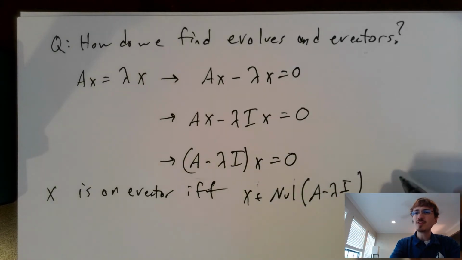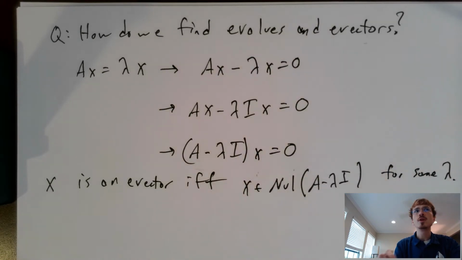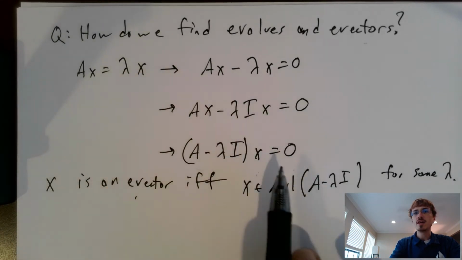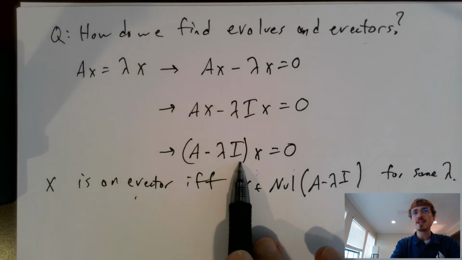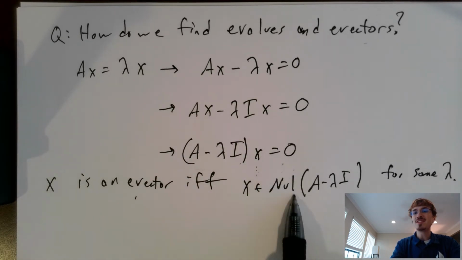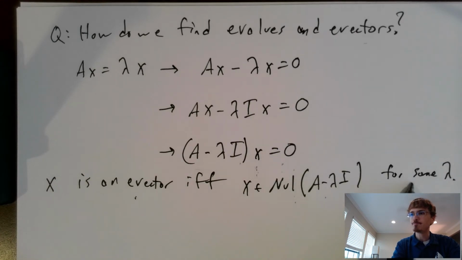And this is true for some lambda. So we have an eigenvector if and only if it's in the null space of A minus lambda I for some fixed scalar lambda.